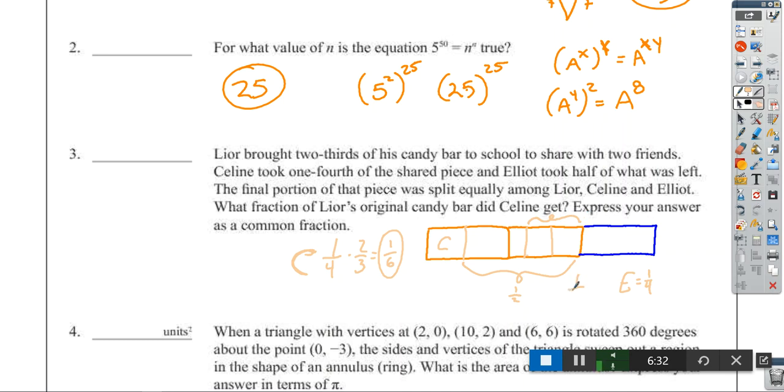So 1/4 of a third is equal to 1/12. So that means Celine got an additional 1/12. Oh, and so 1/6 is 2/12 plus the 1/12, that's 3/12, which is equal to 1/4. So in total, Celine got 1/4 of the bar.